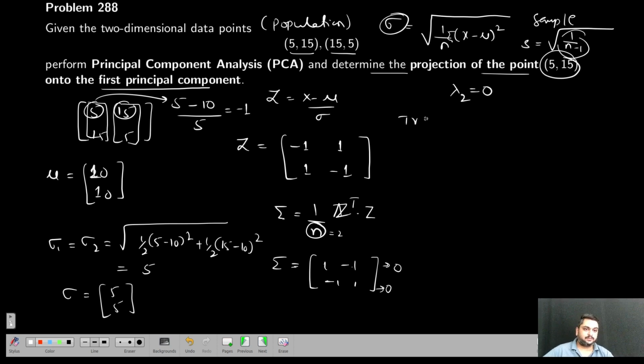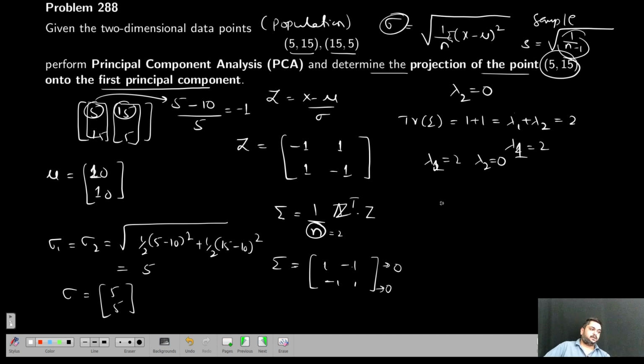The trace of the matrix is the sum of the diagonal elements, 1 plus 1, which is 2, and that equals the sum of the eigenvalues. You know this property. If one eigenvalue is 0, then the other is 2. That's how we can find it quickly in the exam. So lambda 1 is 2 and lambda 2 equals 0.